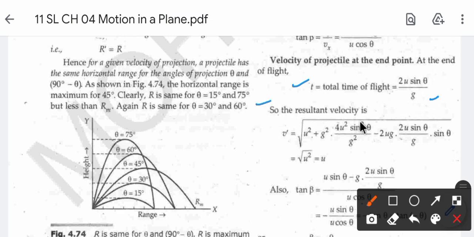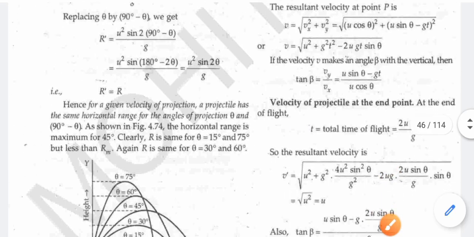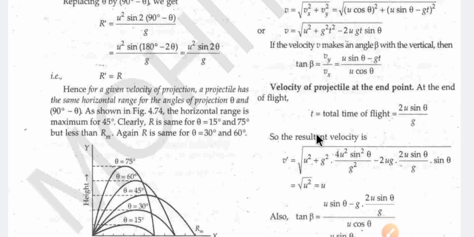So the resultant velocity will be v dash, and if we simply replace this expression of t in the resultant velocity, we get u square plus g square, and then t square is (2u sin theta by g) whole square, that is 4u square sin square theta by g square, minus 2ug, and t is 2u sin theta by g into sin theta.